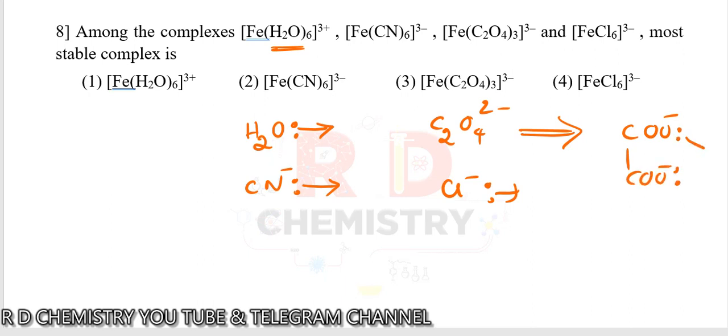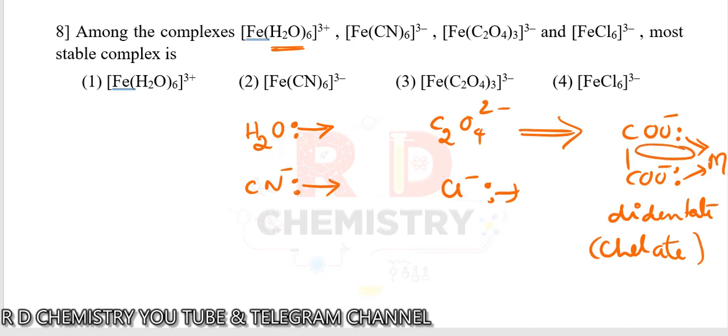Two electron pairs are donated simultaneously to the same metal atom. So it is a didentate ligand. Whenever there is a didentate ligand, they always form chelates. So it's a chelating agent. And if they are forming ring-like structures with the metal, then they are stable complexes. Therefore, the answer is option number 3. Right?